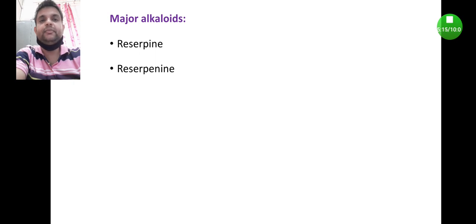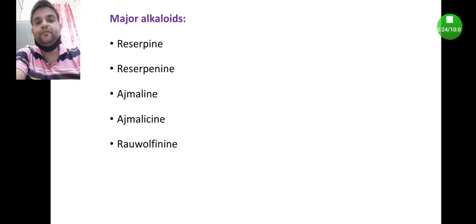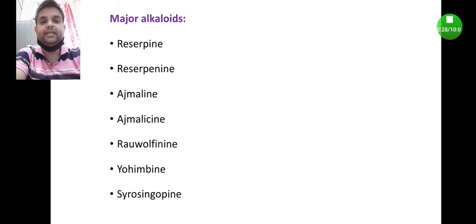Out of these alkaloids, reserpine is one of the very important alkaloids. Reserpine, reserpinine, ajmaline, ajmalicine, rauwolfinine, yohimbine, then serpentine. So these are the various indole alkaloids present in Rauwolfia.